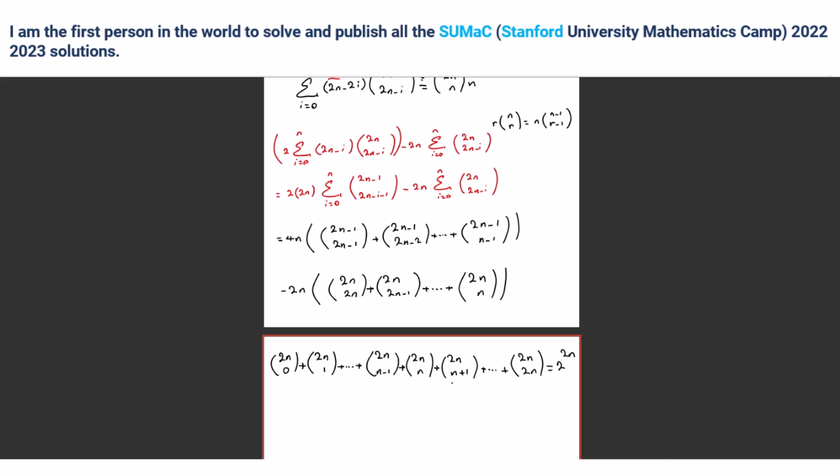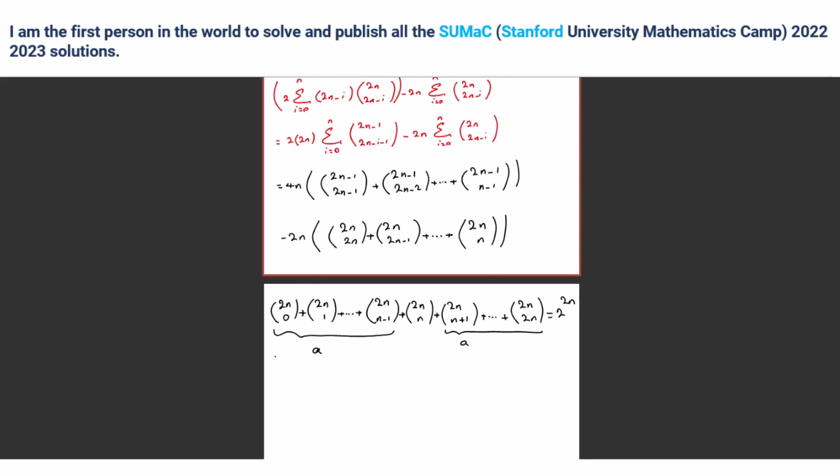No. Because look, we can say if this part is a, okay? For this, a is equal to 2 to the 2n minus 2n choose n, over 2, right?